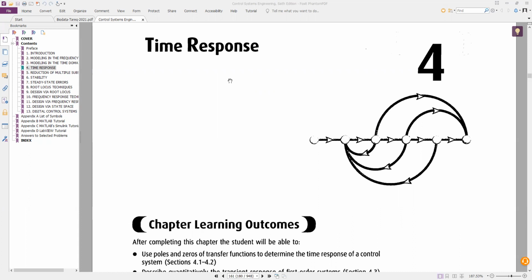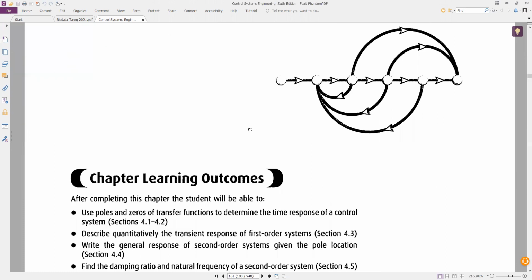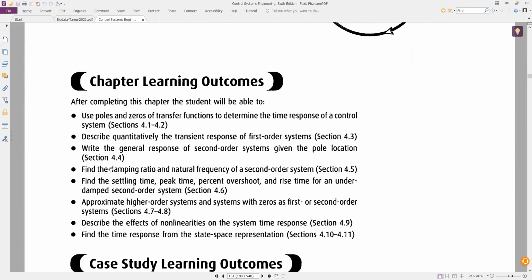This is time response. If you complete this chapter, you will get the idea regarding poles and zeros of transfer functions to determine the time response of a control system.